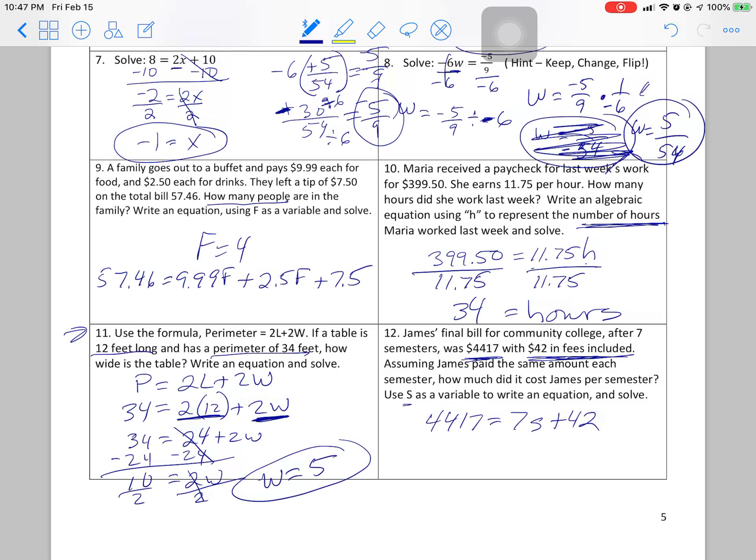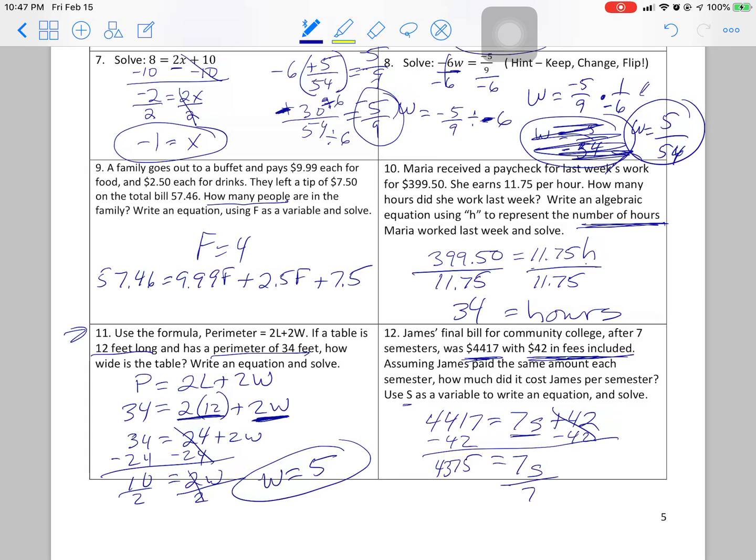So this is 7S plus 42. Now to get S alone, that's the term we want to stay. So we're going to move the 42 by adding its opposite to both sides. So you're going to land with 7S on this side, and apparently 4417 minus 42 is 4375.